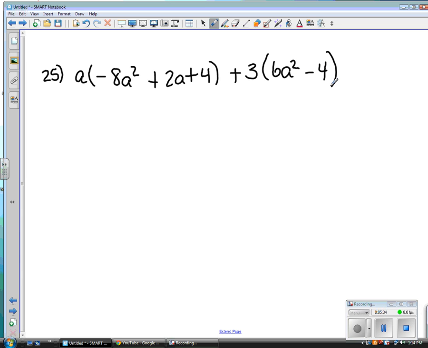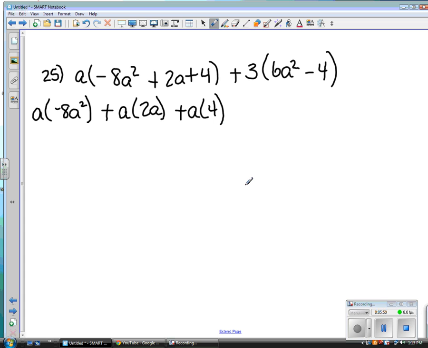Okay. Alright, it's the same thing. This time, though, they just have me doing two different ones. So I'm going to do the first one. I want to break it down first. That means a is given to everything. So this is a times negative 8a squared, plus because of this, a times 2a, plus because of that, a times 4.